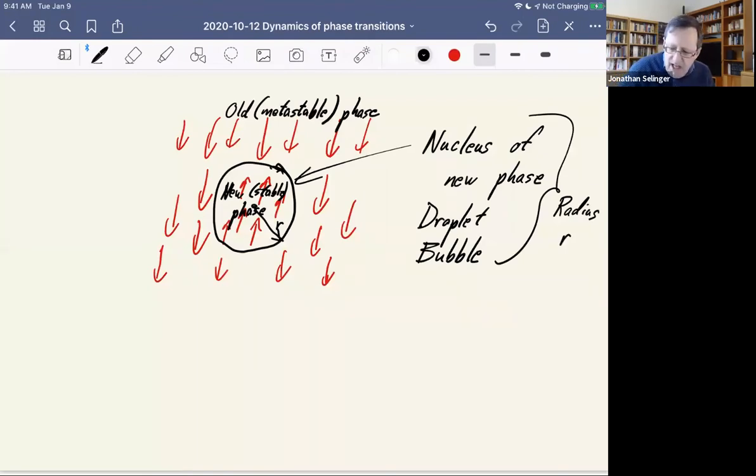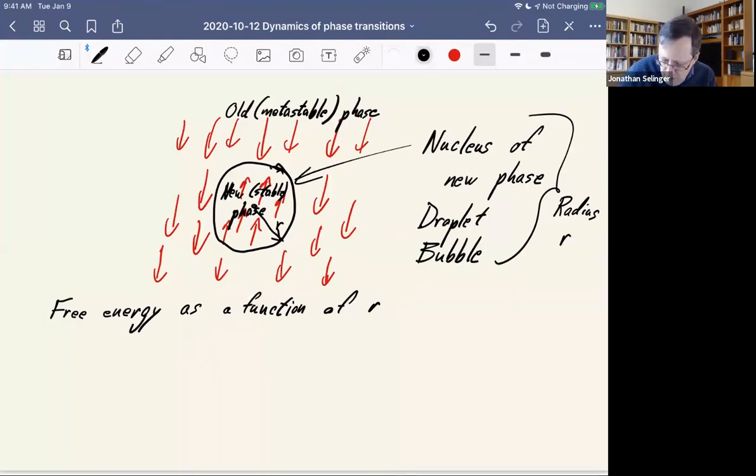So let's figure out then what is the free energy as a function of r. There are basically two contributions to the free energy.